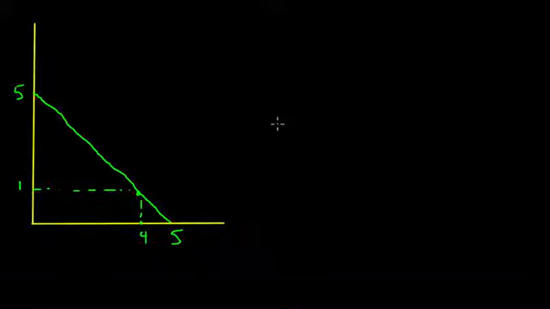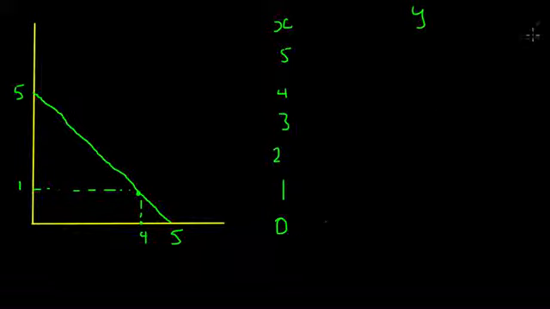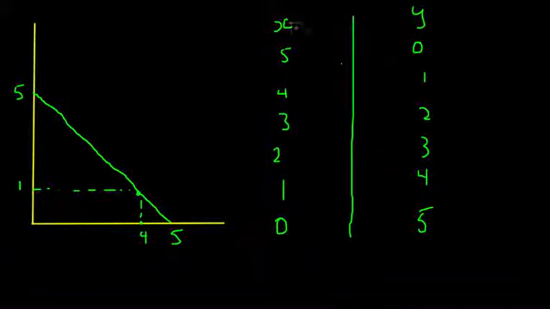This is where the production possibility frontier ties in with our notion of opportunity cost. In this very basic example, we have good x and good y. We can have 5, 4, 3, 2, 1, or 0 x's, and we can have 0, 1, 2, 3, 4, 5 y's as the corresponding values. So what's our opportunity cost of producing 1x?